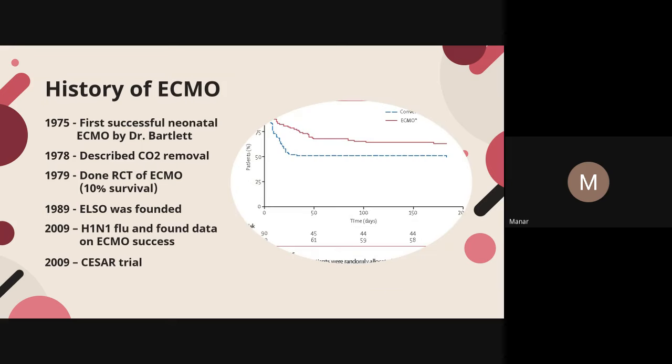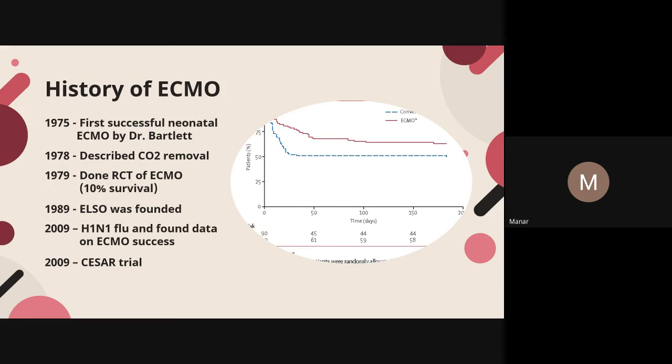And in 2009, the CESAR trial happened. Now, this is a very big milestone in the development of ECMO because in the CESAR trial, they assigned 180 patients to either conventional mechanical ventilation or ECMO. And the patients suffered from severe acute respiratory failure.